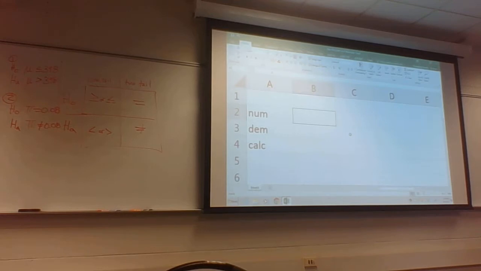What is 0.065? This. Oops, and of course I didn't put an equal sign. That's not great. So that's our numerator. What's our denominator?